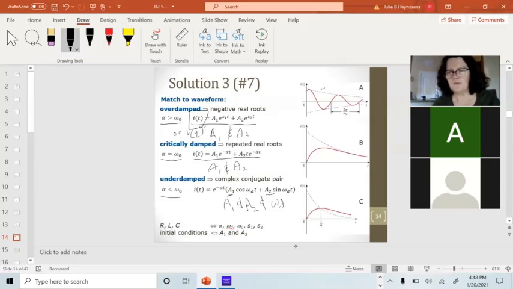What would change would be the constants A1 and A2. If I was doing a mass spring system, and that's why mechanical engineers take 325, and I throw those in there occasionally, and I was measuring the force, I could do the same thing and make force a function of time. What would change would be the units of A1 and A2 and how I calculated them from the initial conditions.